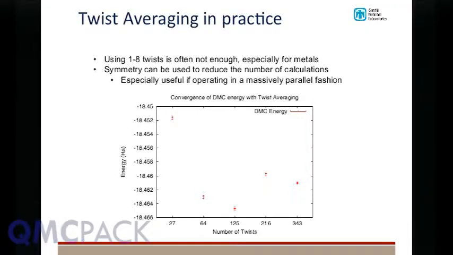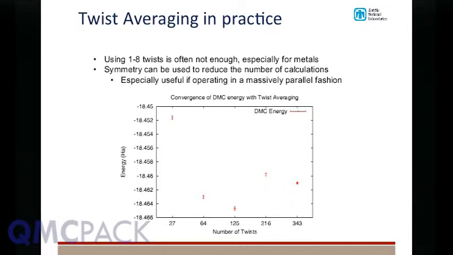So in practice, there's a trick that you can do if you choose specific twists to keep the wave functions real. It avoids having to do complex arithmetic in large parts of your code, and it's theoretically a little simpler. But then you only have sort of 1 to 8 twists in your calculation. And typically this isn't enough.